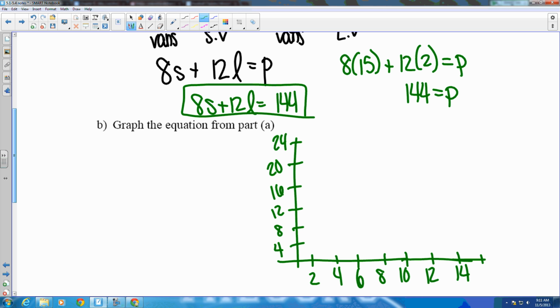It's going to be the easiest thing to do. So to find the L-intercept, we would cover up the S term, so our L is 12. To figure out our S-intercept, we cover up the L term, and our S is 18. So that's going to be the easiest thing to do, find the two intercepts. This is the S-axis, this is the L-axis. So 18 right here.